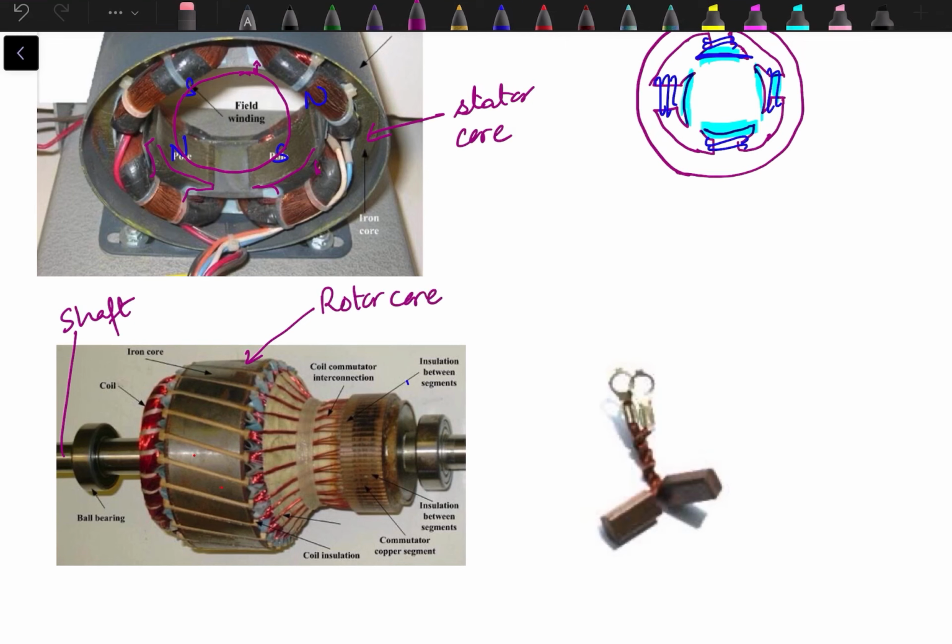Now, whether it's a stator core or rotor core, both are made up of thin laminations in order to reduce the eddy current loss. Now, in this rotor, the slots are available. Can you see over here? These are the cuts in which the conductors are placed.